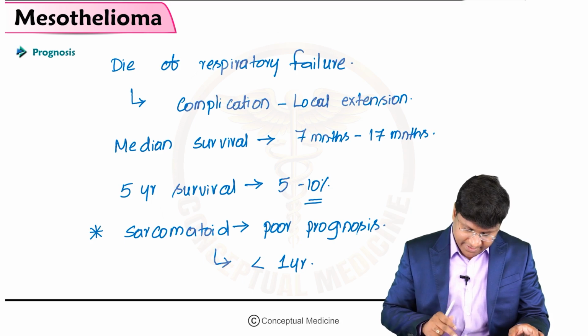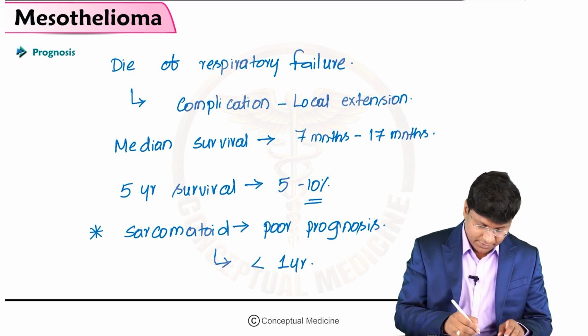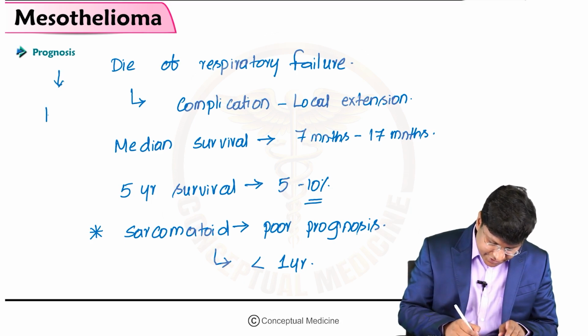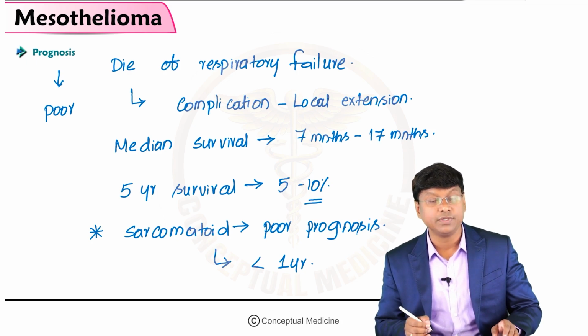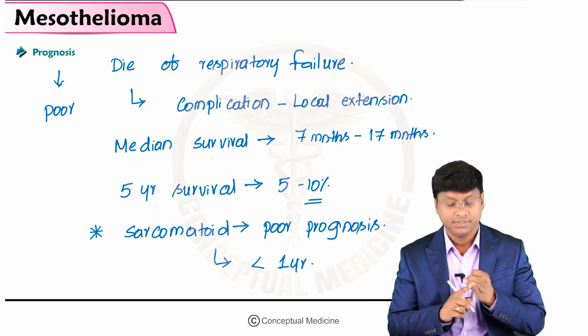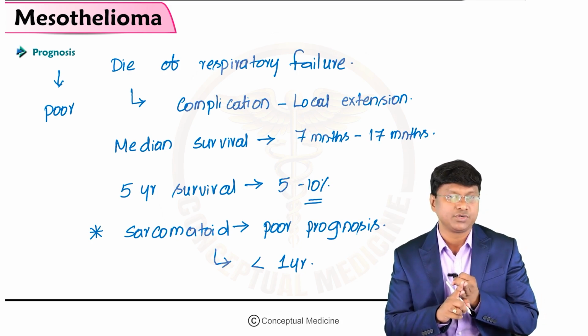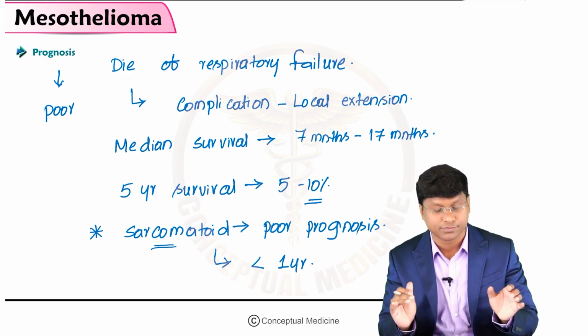And what will be the poor prognostic features? The poor prognostic features in patients with mesothelioma include, number 1, poor performance status, non-epithelioid histology. That means sarcomatoid tumors have poor prognosis.